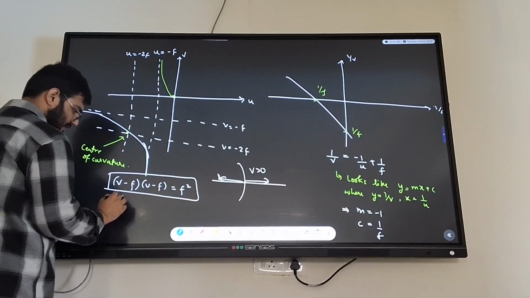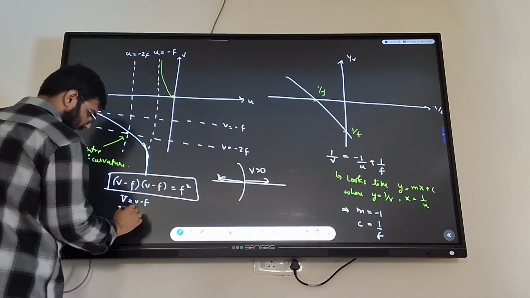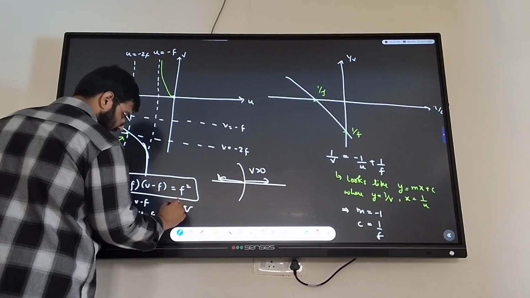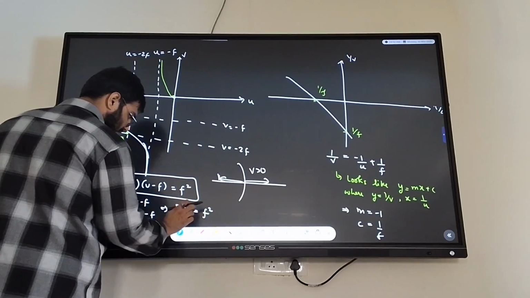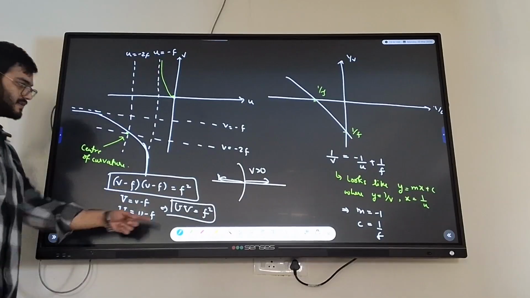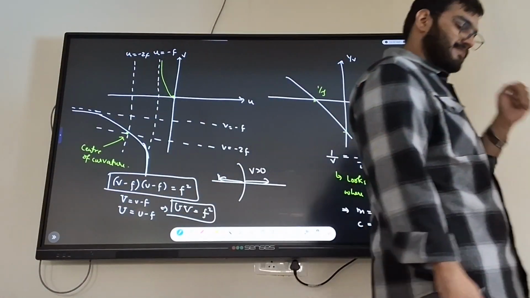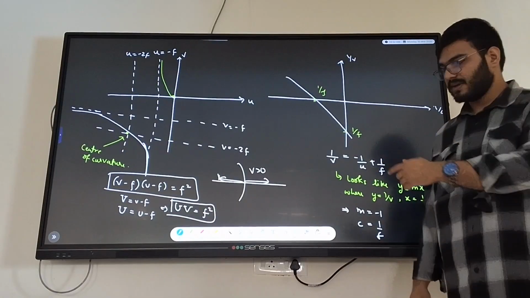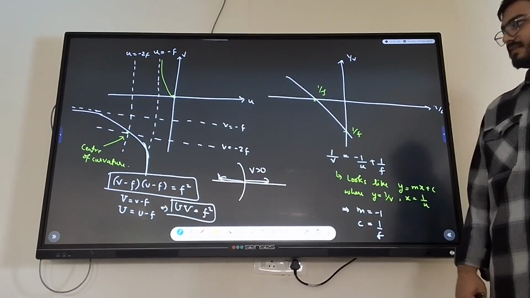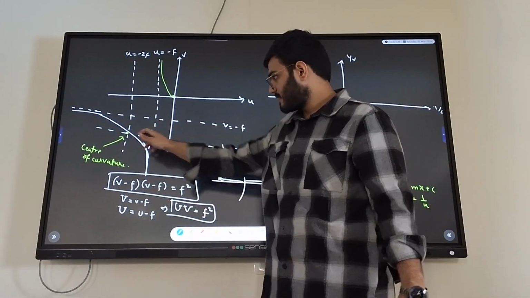And if you take capital V as v minus f and capital U as u minus f, then you will get the rectangular hyperbola, and that represents this curve. But if you don't want to write that formula, it's all okay. This is a shifted origin.